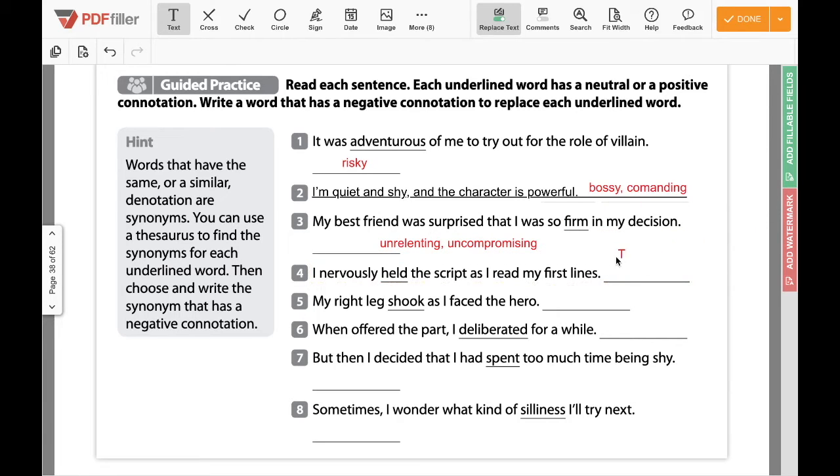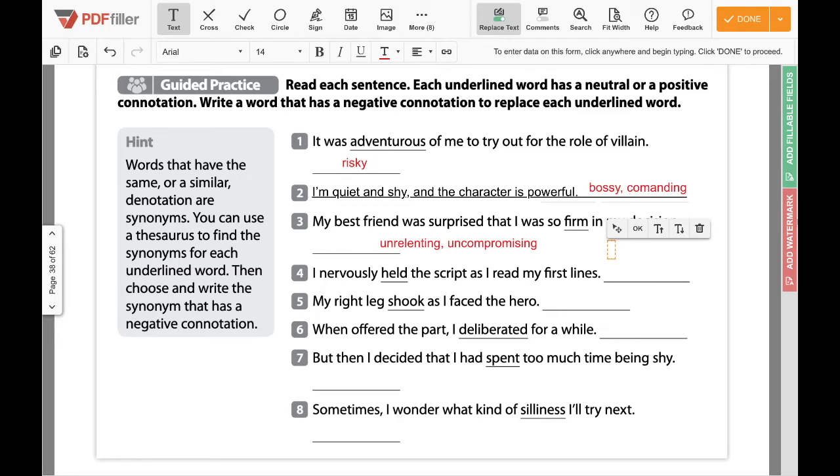So it says, I nervously held the script as I read my first lines. So here we have held. This one seems kind of like, how would you come up with a negative word for held, but there are several ways that we could come up with one.